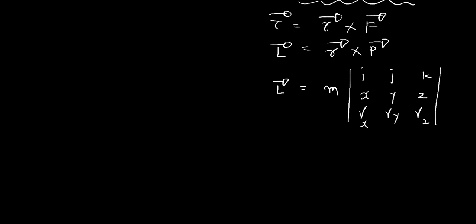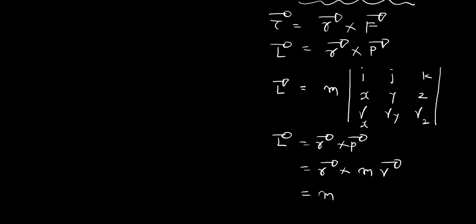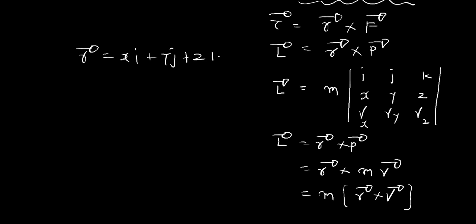L is r cross p, but p is m v, so we can take m out, and in the bracket we have r cross v. R in three dimensions is xi plus yj plus zk, where these are the unit vectors, and similarly the velocity vector is vxi plus vyj plus vzk.